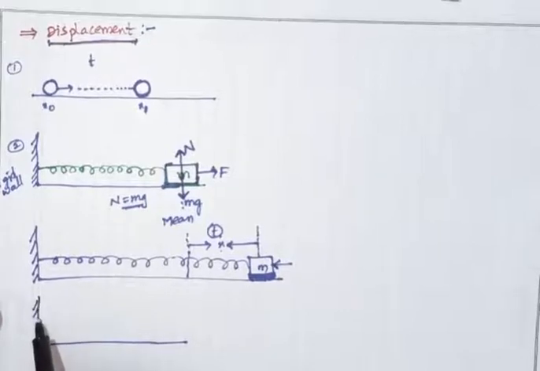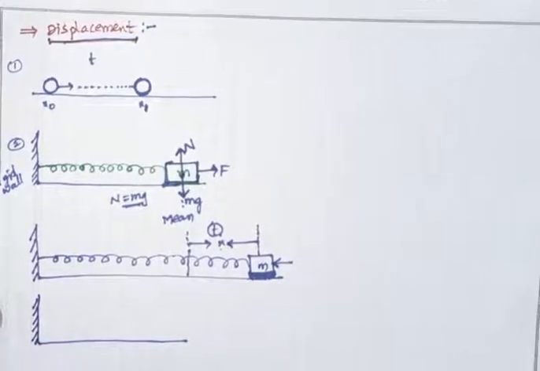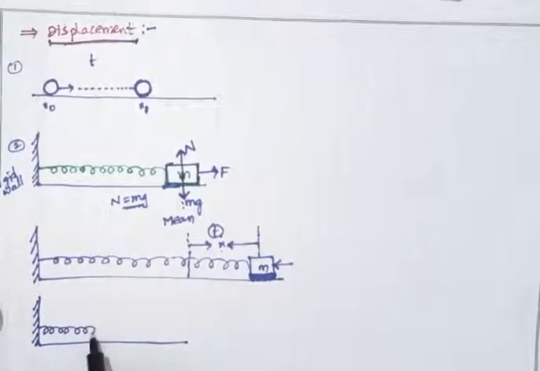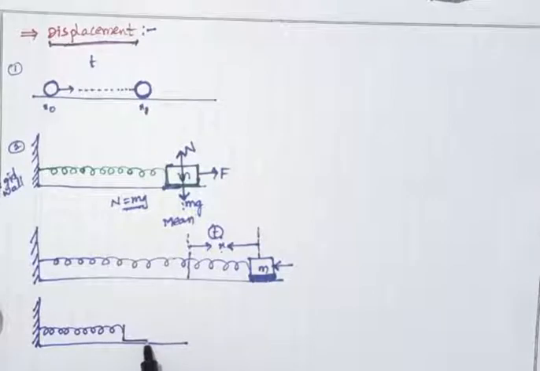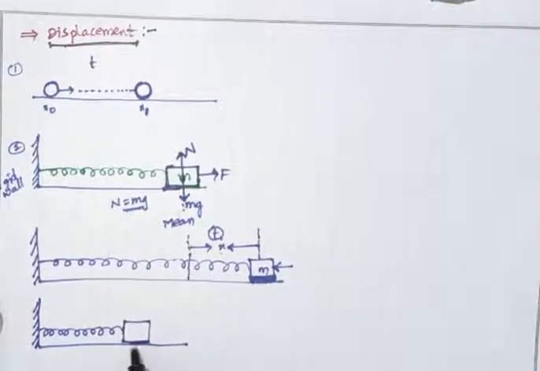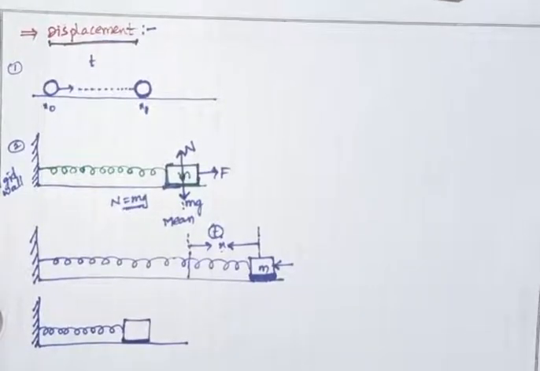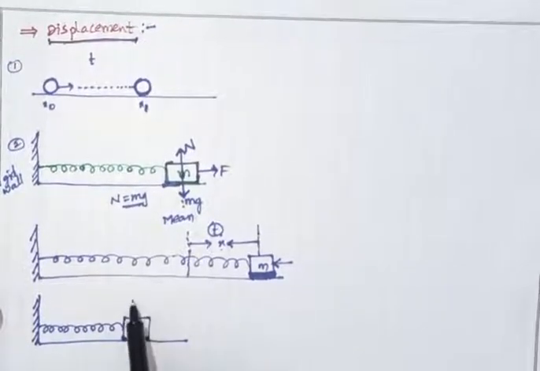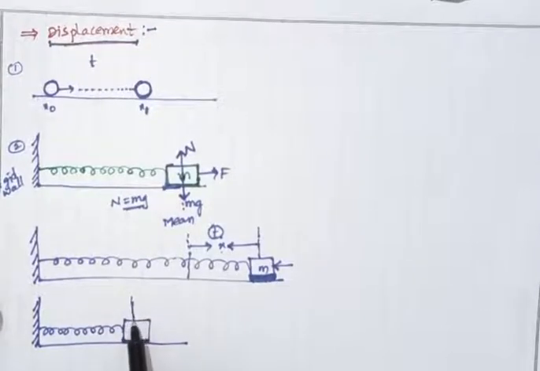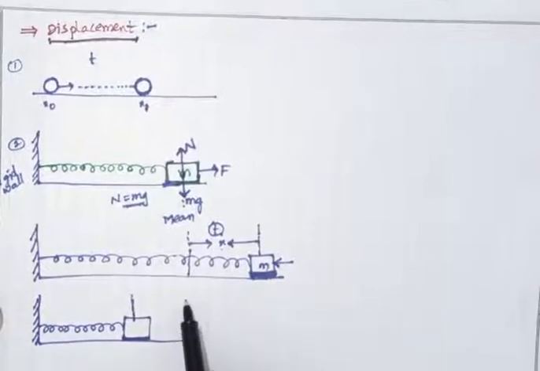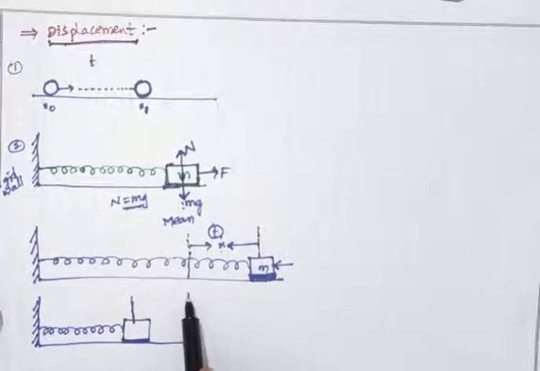This is the rigid wall. So the body is contracted, the spring size decreases. For example, this is the ending position, and this is the mean position.